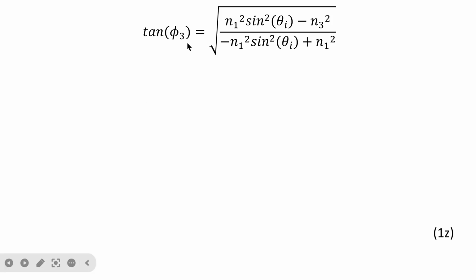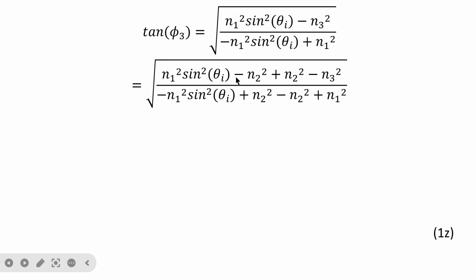So for the phase shift hitting the upper boundary, the phase shift for the refraction on the upper boundary can be evaluated in this manner. And again, we are going to do the same, plus n2 square minus n2 square for both top and bottom.